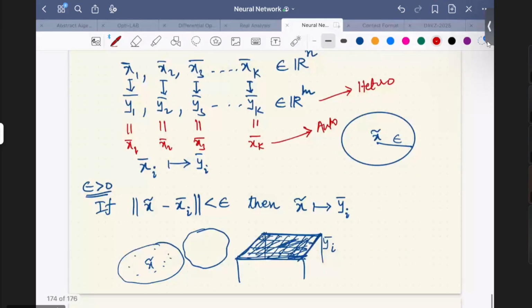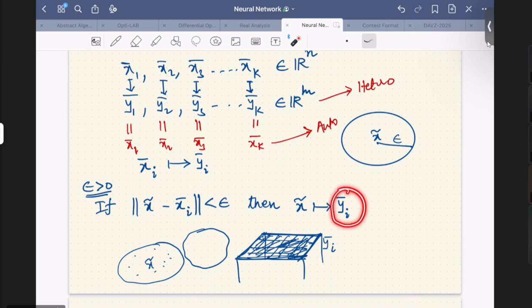Instead of yi, we are looking for the same picture or same information which we passed. If we supply some distorted image, x tilde, we are expecting the same instead of yi in the auto association.